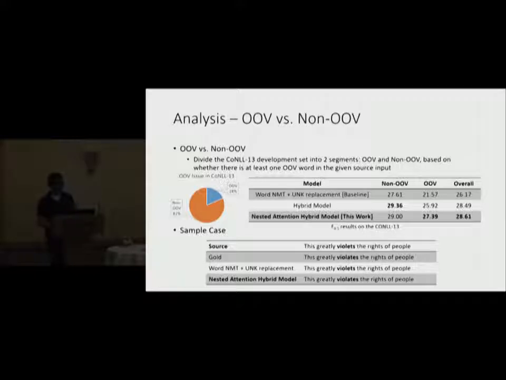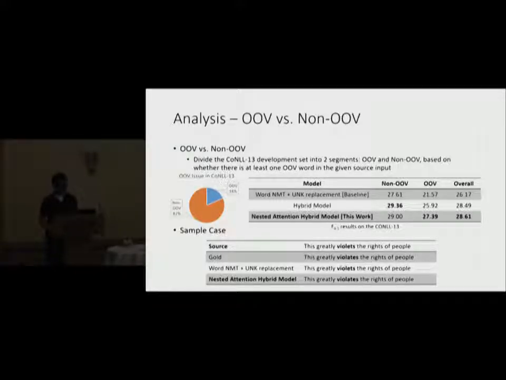So let's go into the analysis of how we can achieve that score. First, we take the data set and divide it into OOV and non-OOV cases. What we find is that our model has a fairly big improvement on OOV.